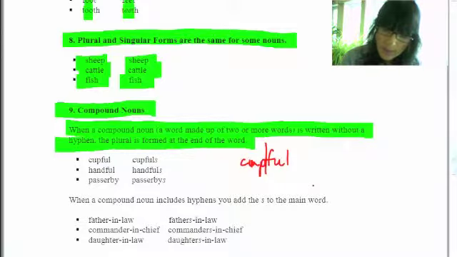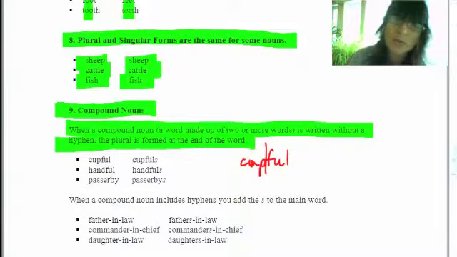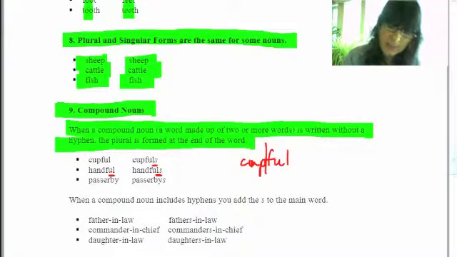When you have a compound noun that's written without a hyphen, it becomes one word, and the plural goes at the end. So cupful becomes cupfuls. Handful becomes handfuls. And passerby is a compound word because it's passer and by. The two words together, you simply add the S for passerbys.